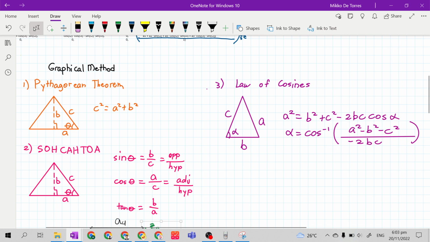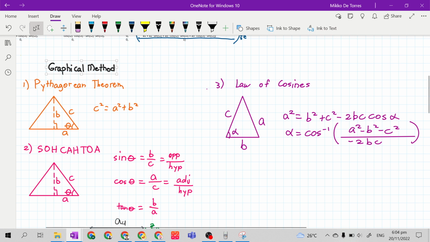So take note, class, that you can only use the graphical method if your kinematic diagram has a simple design.